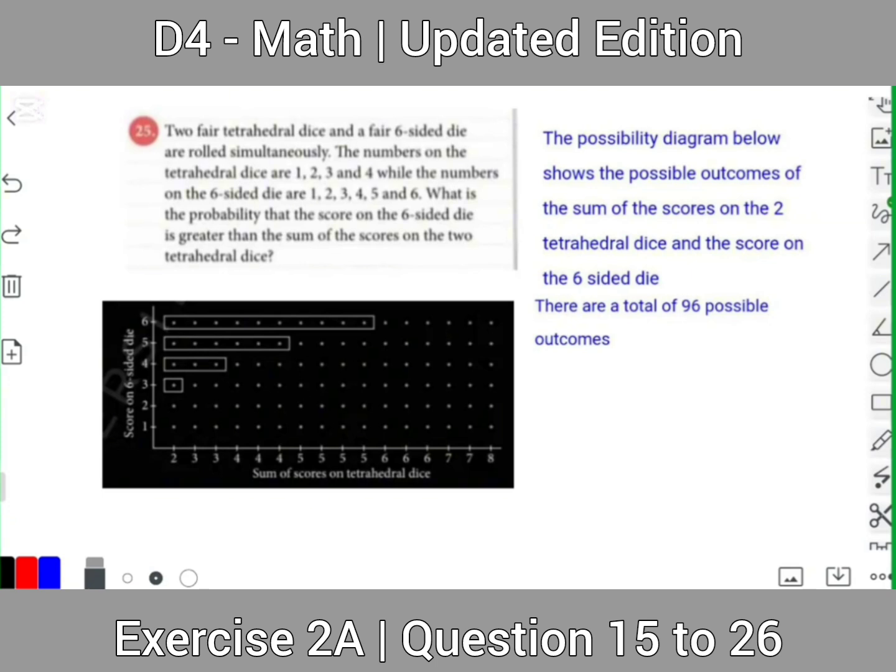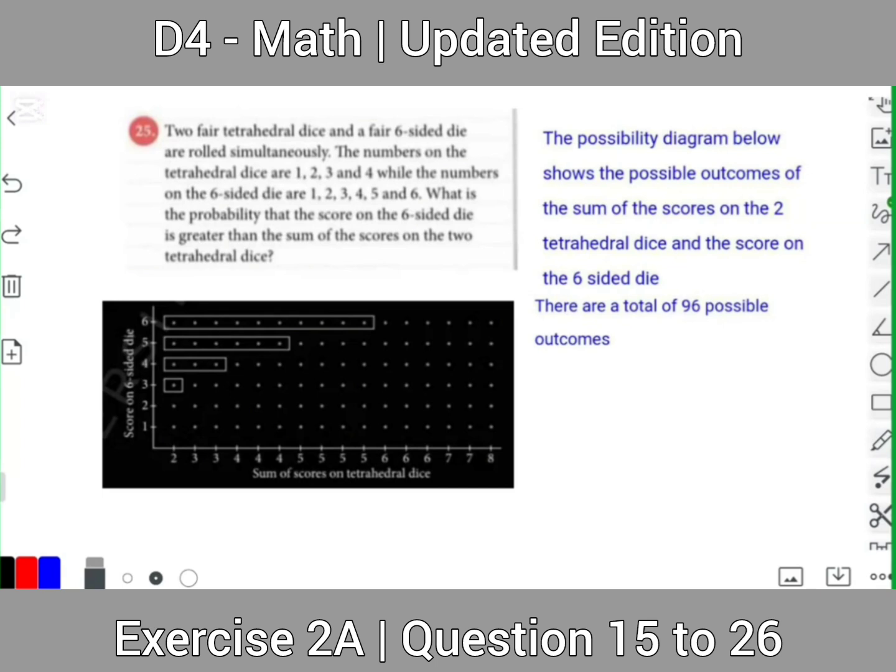And now we will mark the outcomes that show only the score on the six-sided die is greater than the sum of the scores on the two tetrahedral dice.